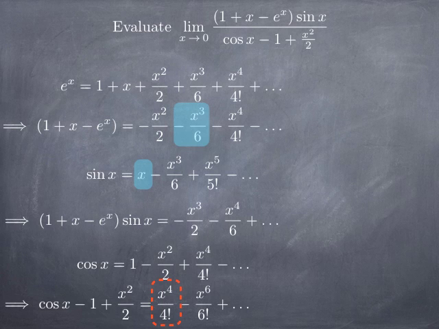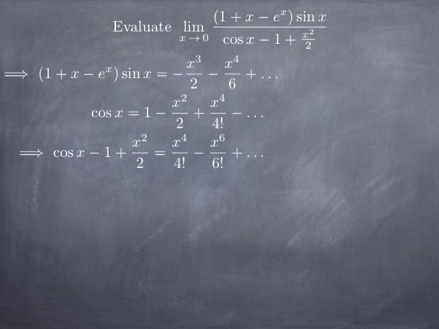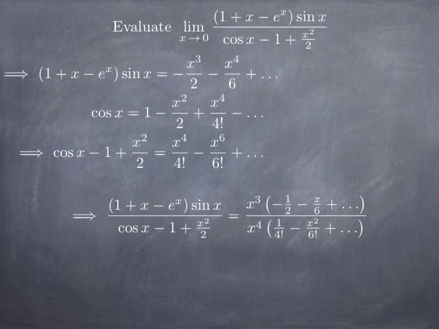Because now if I write out my quotient, the product that I have at the top, I know that I can factor out x cubed, and then I get the constant negative 1/2 plus a bunch of terms.